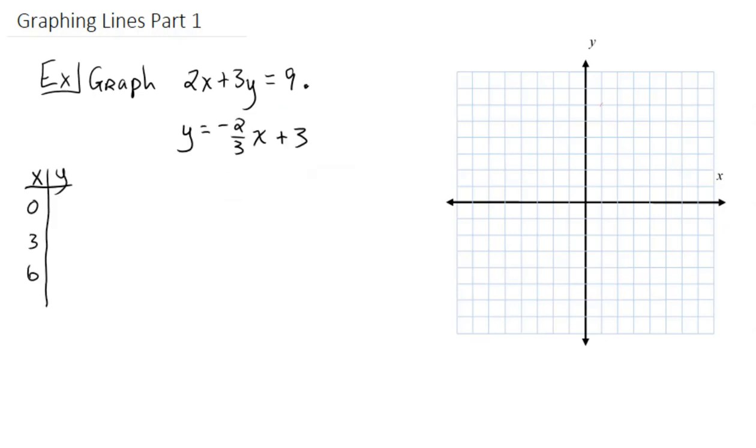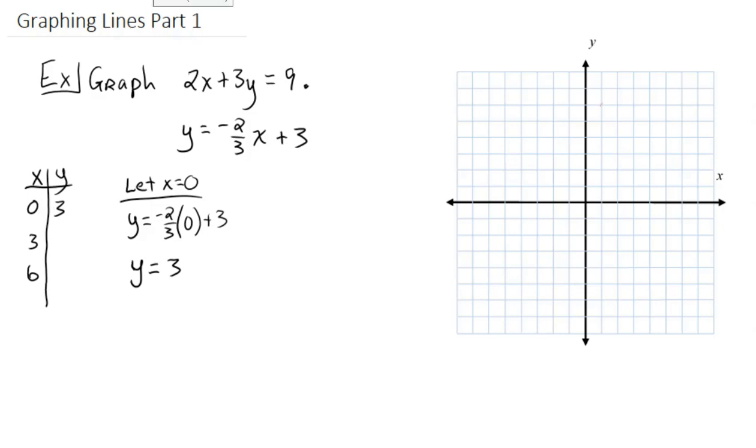Alright, so I pulled the solved for y equation up, and I also drew in the t-table. Like I said, I always like to use 0, and then our denominator here is a 3, so we want multiples of 3. So we're going to plug in a 3, and we're going to plug in a 6 to determine our y coordinates. So plugging in the 0 for x, we get this, which just gives us y of 3.